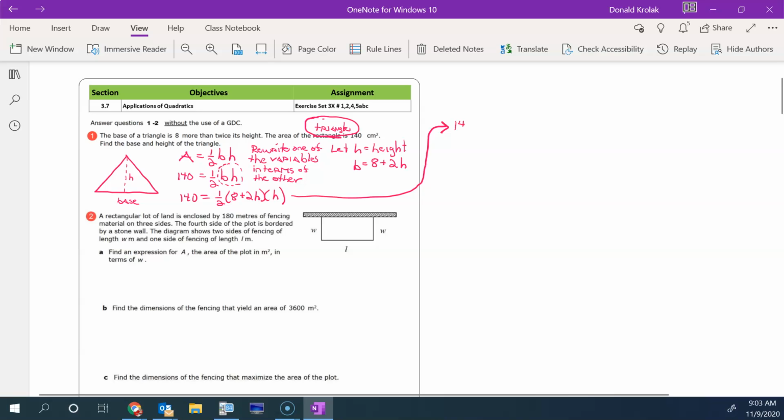It doesn't matter. So I'm going to distribute this first. So half of 8, or half of 2h is just h. So I get 4h plus h squared equals 140. And now you got to solve that quadratic.